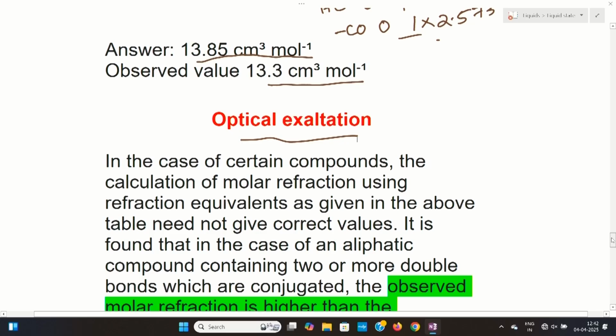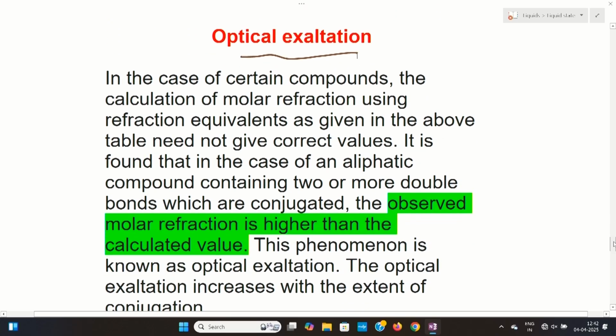There, the molar refraction observed value was higher than the calculated value. That discrepancy was found in the case of compounds which showed 2 or more double bonds, or conjugated molecules.